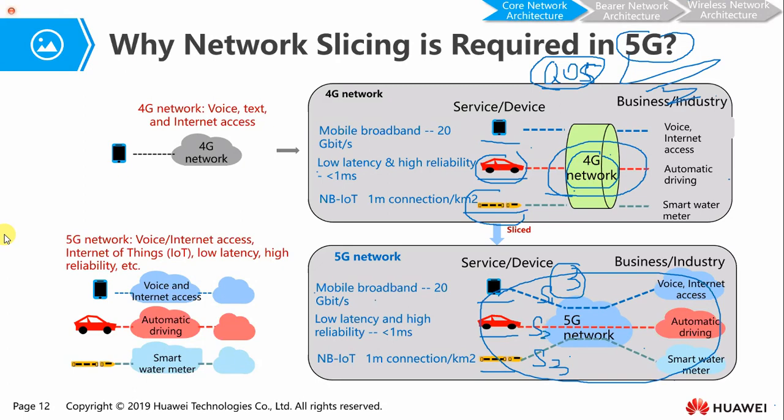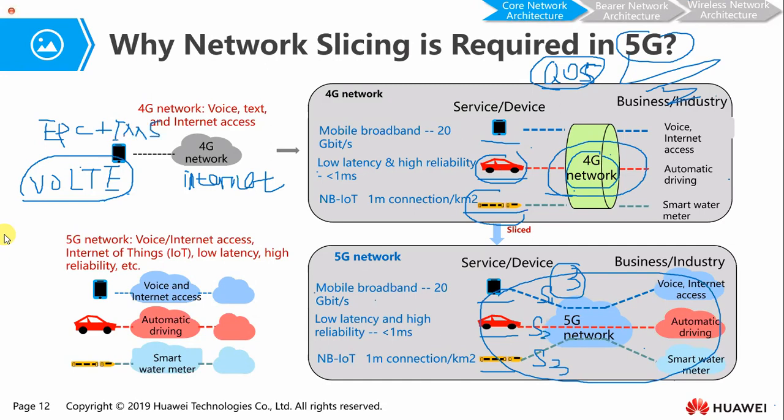Actually, you are right. In our 4G, there are also two networks. One is VoLTE, another is our internet. Our VoLTE uses the EPC plus IMS.